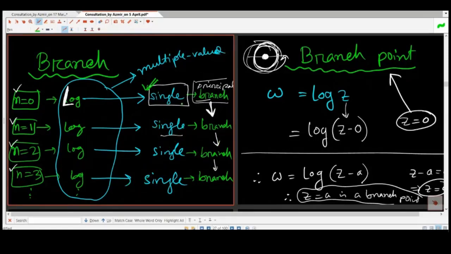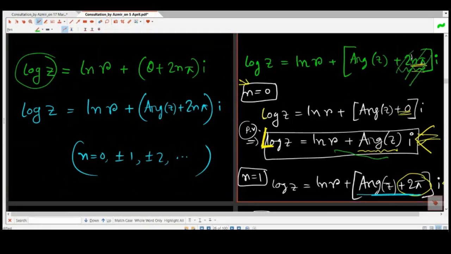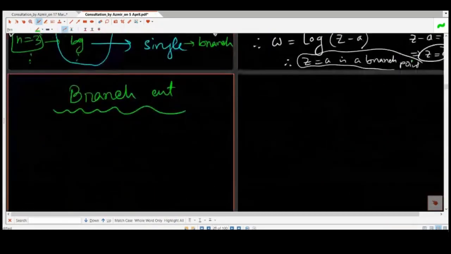That means we need to restrict the argument. You can understand that if we have argument as principal argument plus 2n pi, that means we will have different branches. So we don't need to have this one, and it is only possible if we have a branch cut. So branch cut is up to our choice.